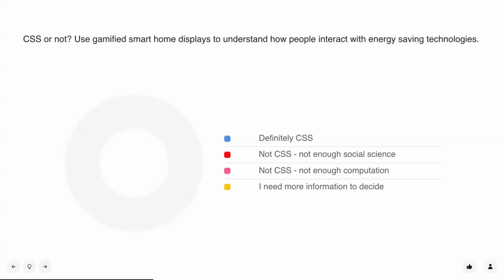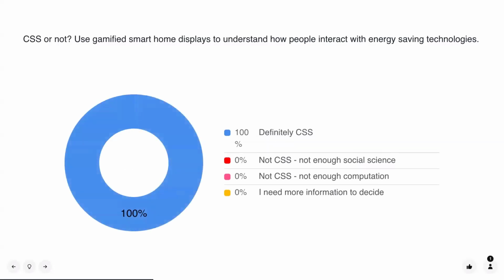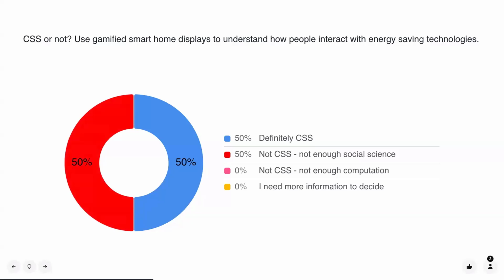Okay, so is this computational social science? Is this a CSS project or not? This time we're using gamified smart home displays in order to understand how people interact with energy saving technologies. Right now we're 50-50, with some saying it's definitely CSS and half saying it's not, but it's just switched now, and we've got 75% saying it's definitely computational social science.